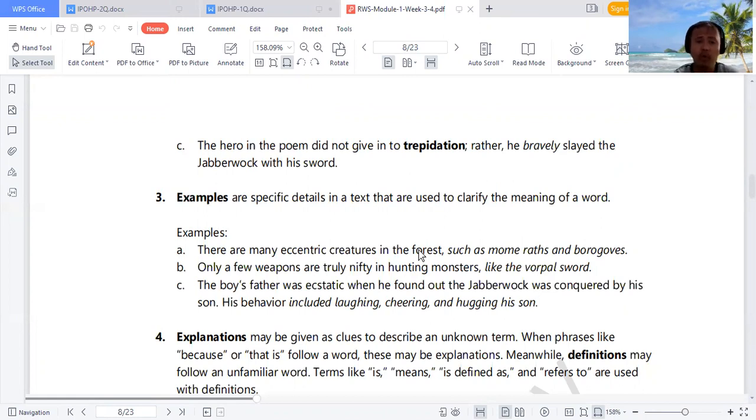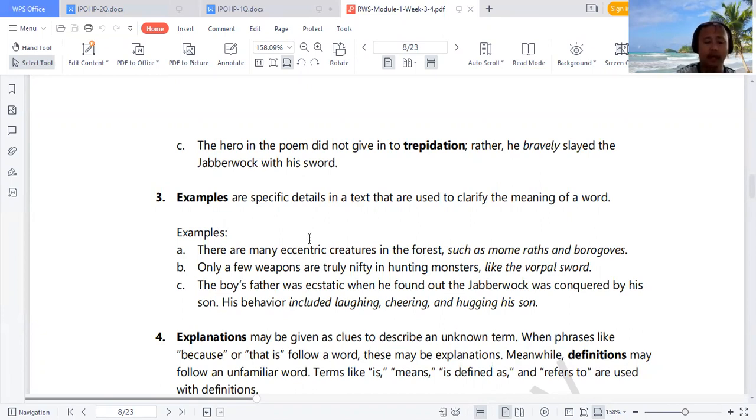So the hero in the poem did not give in to trepidation. So wala siya nagpadala sa iyang kahadlok. Rather, he bravely slayed the Jabberwock with his sword. So question, what is the opposite or the antonym of brave or bravely? Of course, the word trepidation or fear, that is antonym.